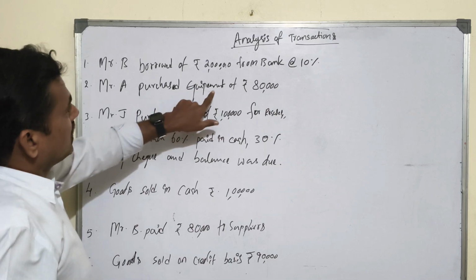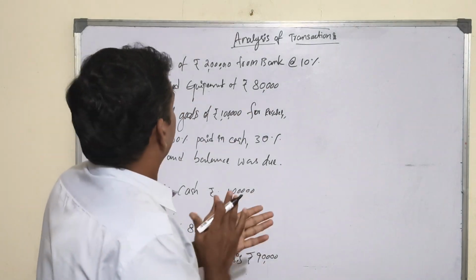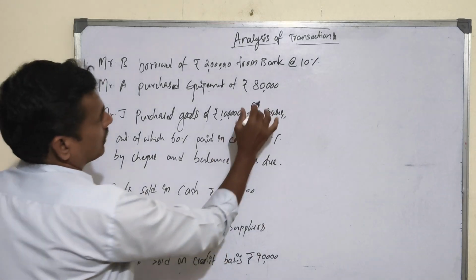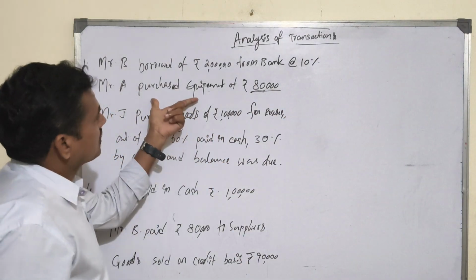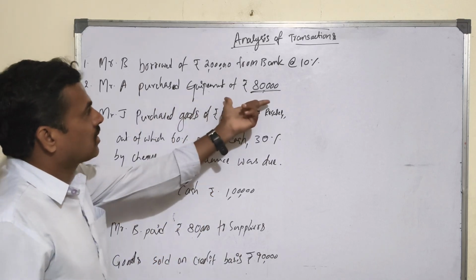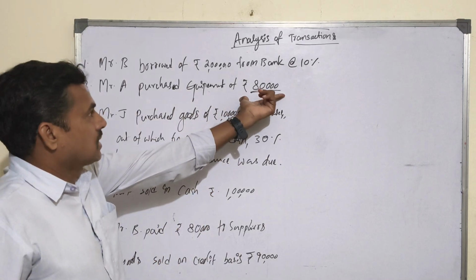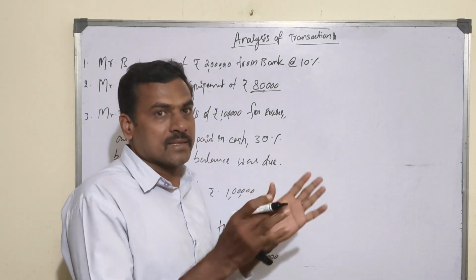Mr. A purchased equipment of 80,000. What is the journal entry? Apply the rule. Analyze the transaction, identify and record the transaction. Purchase equipment of rupees 80,000. What is the nature of equipment? It is an asset.